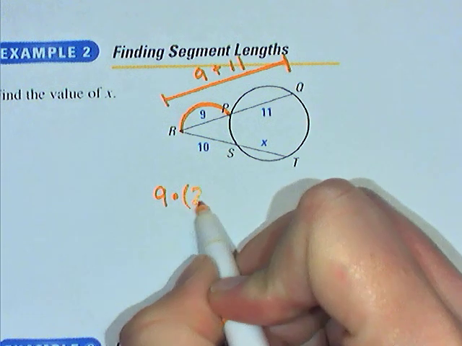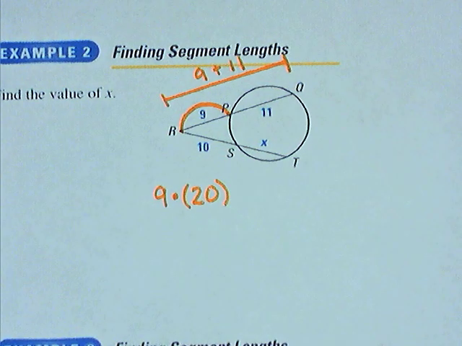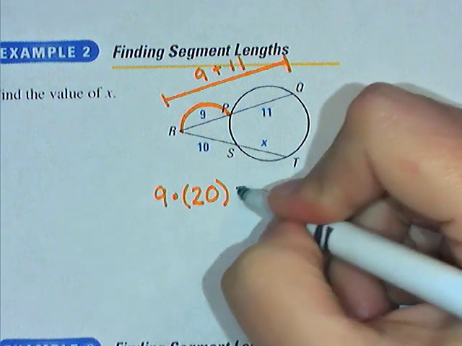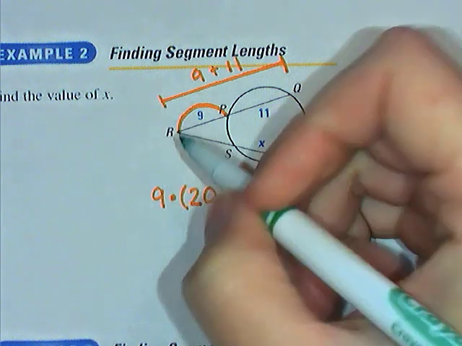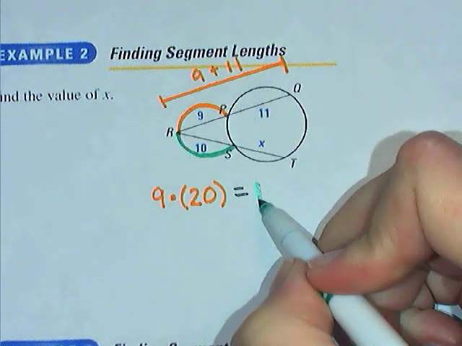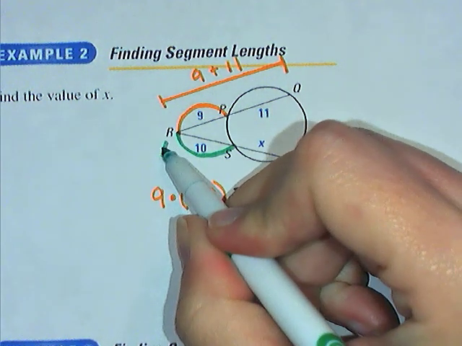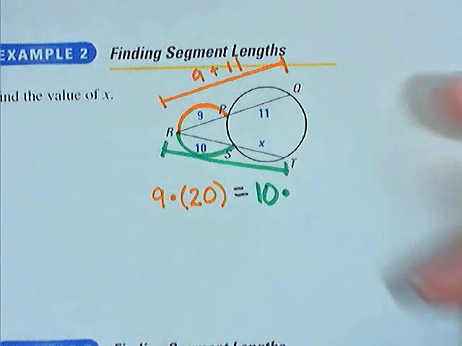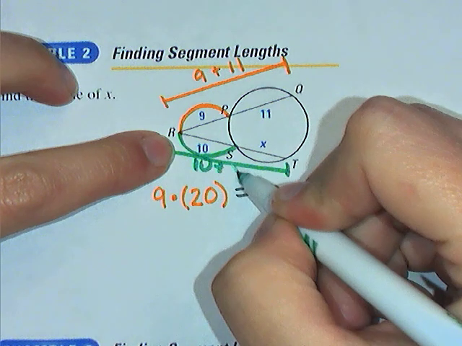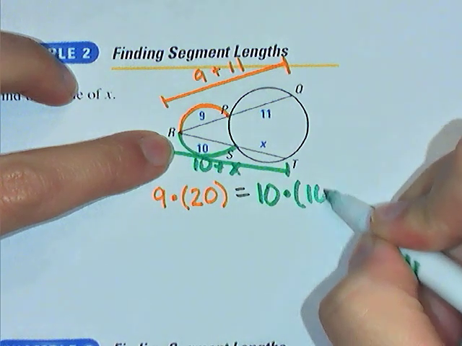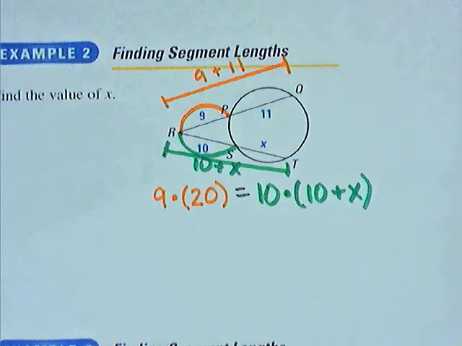So if you want, you can just add those. If they're both numbers, just put 20. Equals the other secant, outside, 10 times, now here you can't add those because one of them's an x. So then you just put parenthesis, 10 plus x.